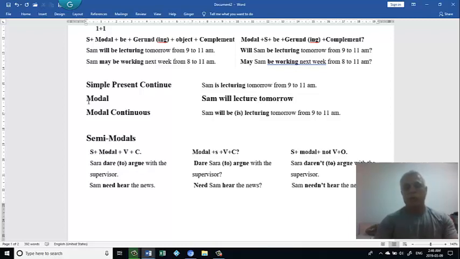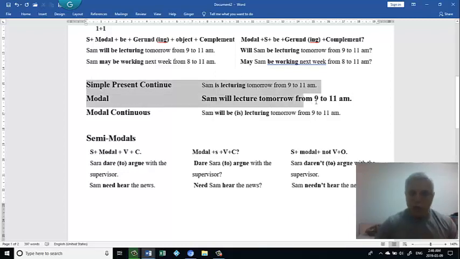You could continue from 9 to 11 a.m. Okay, we have to mix those two sentences, simple present with the simple modal. Then you have to make it modal in the continuous.